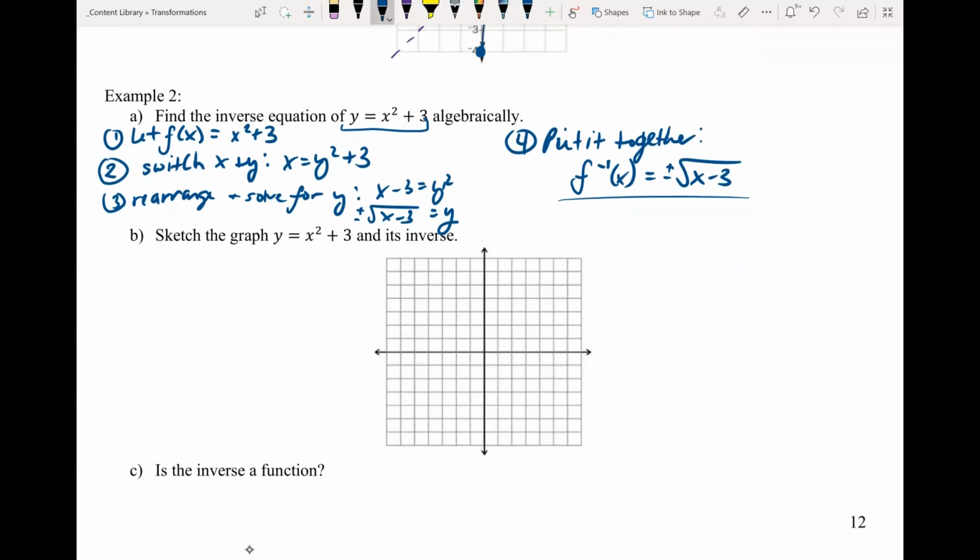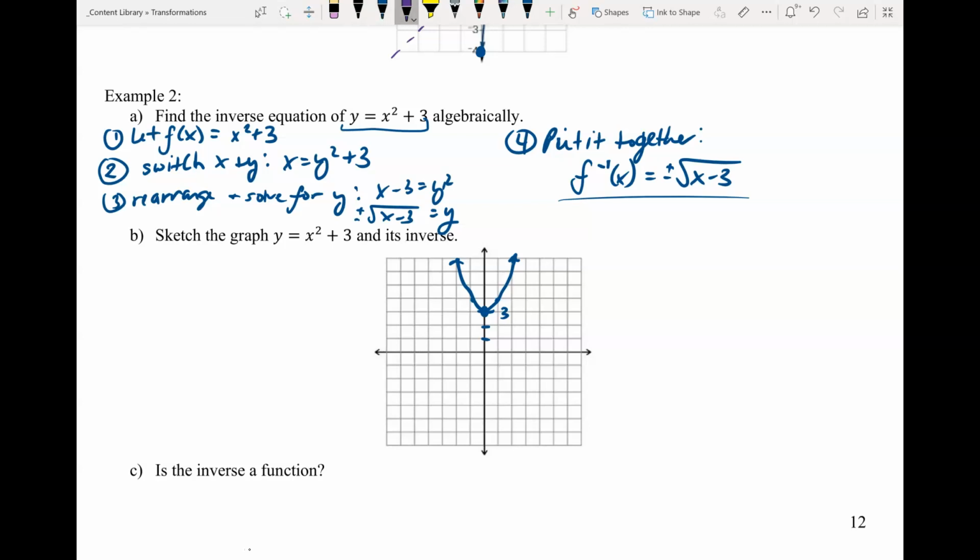Now we're going to sketch our parabola of x squared plus 3, the original graph, and also the inverse. So we have a vertex at 0, 3. It's going to open like this. That's our parabola. And then we want to graph the inverse of that, which is plus or minus the root of x minus 3.